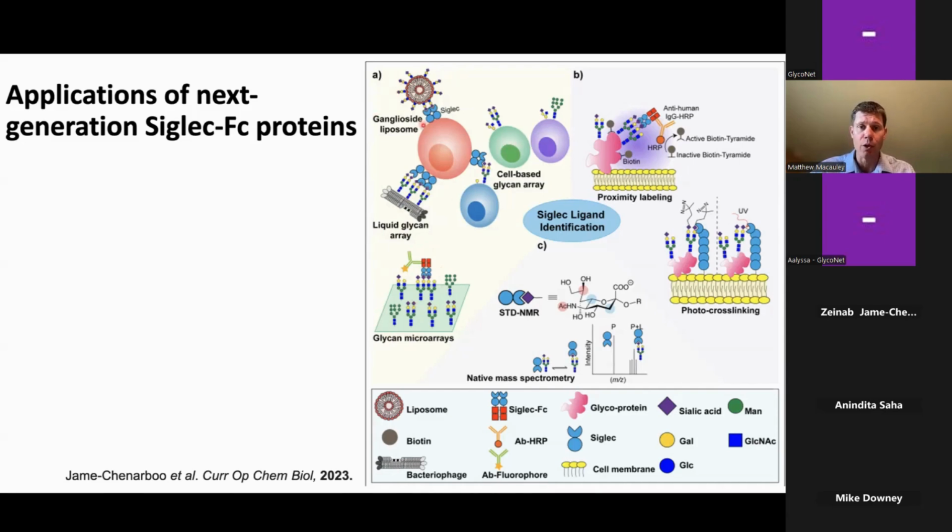Eddie will also tell you about probing Siglec-ganglioside interactions. These tools can be used in proximity labeling, photo cross-linking, and then we also work with the Clausen lab to use these tools in mass spec applications. So they've been really widely used, and we've given these tools out to over 50 labs around the world.